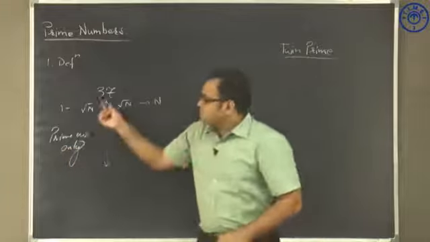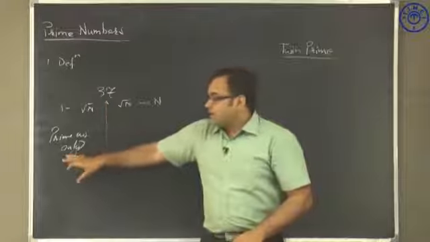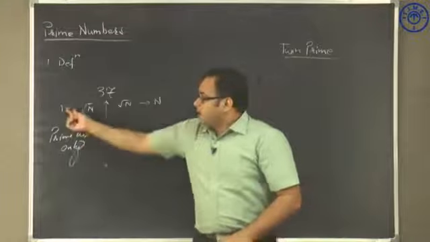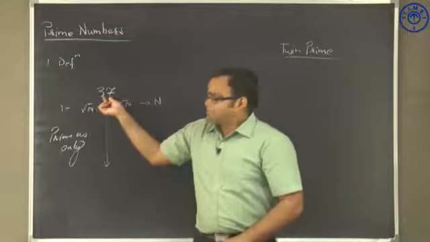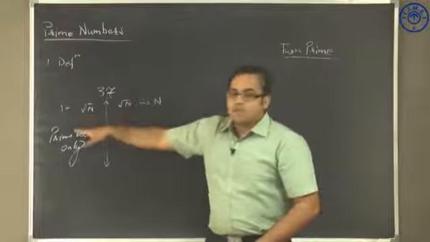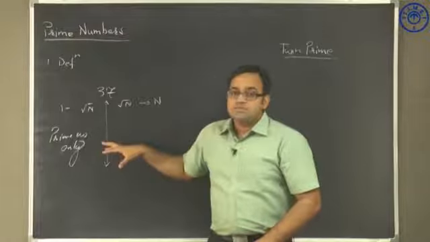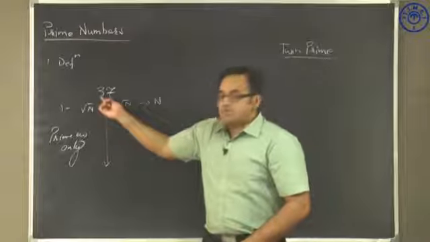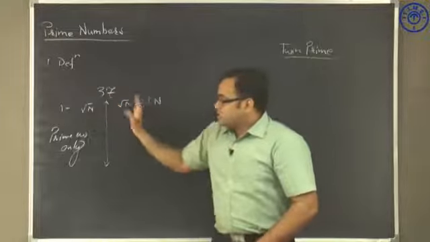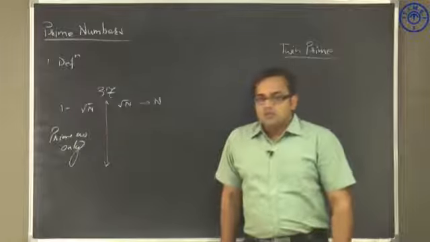Because if the number is divisible by a composite number, the composite number can always be broken into prime numbers, and then it will be divisible by a prime number also. Number 2, if the number has two factors a and b, if one of them is less than the square root, the other one will necessarily be greater than the square root, and vice versa. That means that if I have to check the divisibility for 37, I don't need to look at all the numbers. Checking on one side will be sufficient to ensure the divisibility of the number.